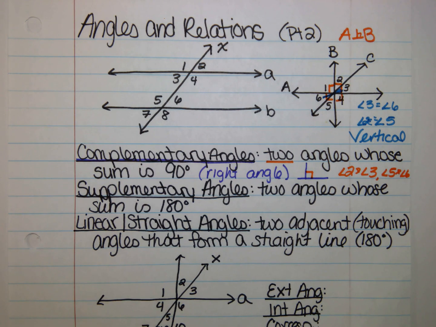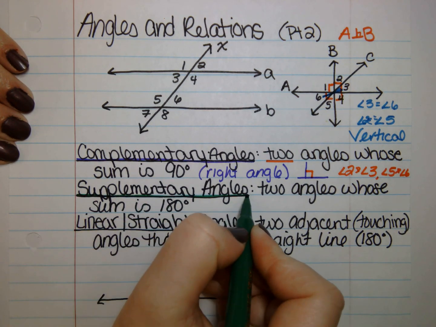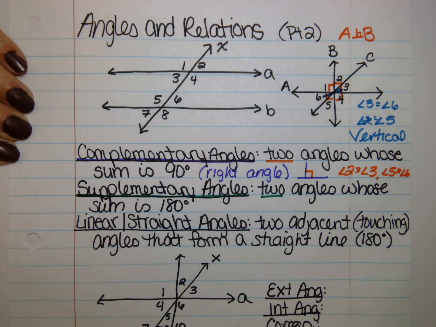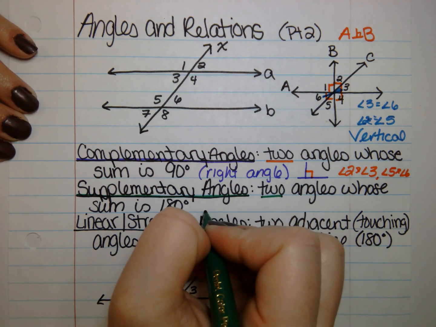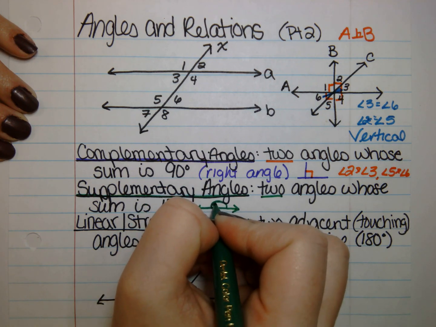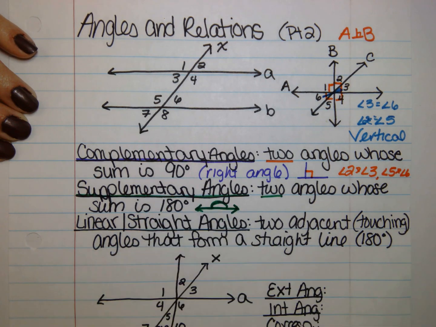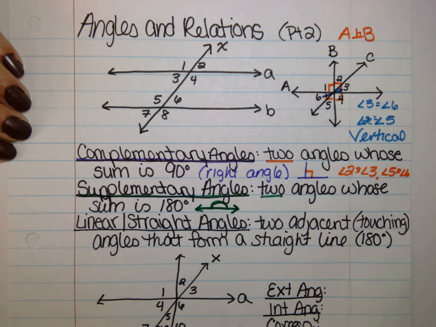The next definition is supplementary angles. Supplementary angles are, again, any two angles whose sum is 180 degrees. If you are not aware, 180 degrees is equal to half of a full circle. So if you can draw a half circle between two angles, we know that they are automatically supplementary angles, but again, they don't have to be touching each other.